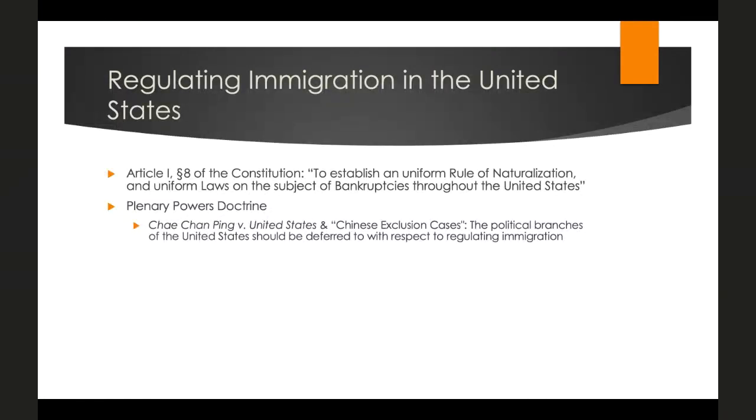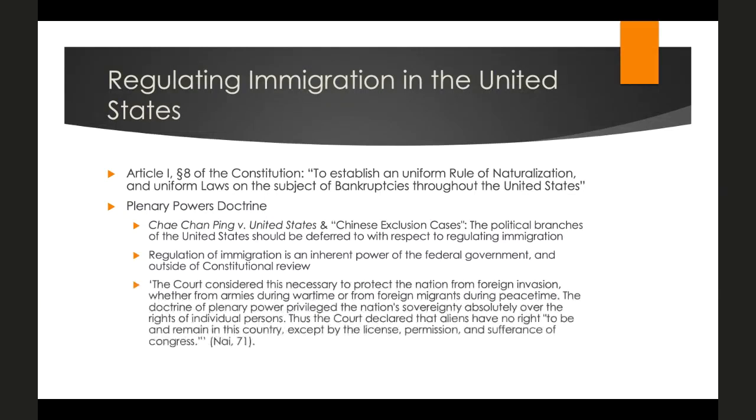There was a lawsuit, and the Supreme Court ultimately held that the political branches of the United States, the legislative and the executive branches, should be deferred to with respect to regulating immigration. They argued that the regulation of immigration is an inherent power of the federal government and outside of constitutional review, and the court basically declared that aliens have no right to be and remain in this country except by the license, permission, and sufferance of Congress.